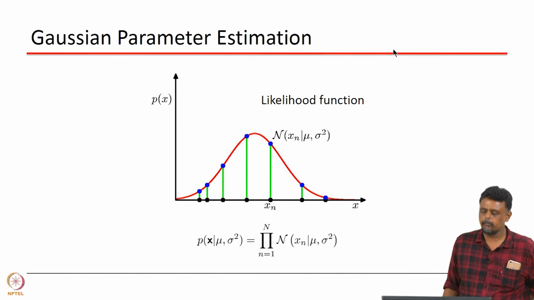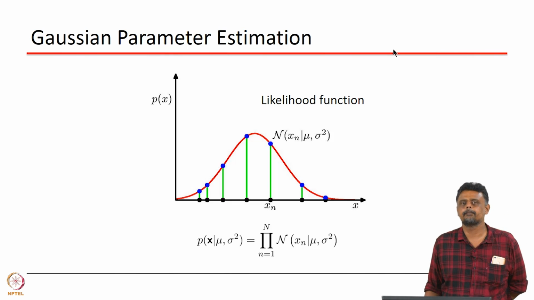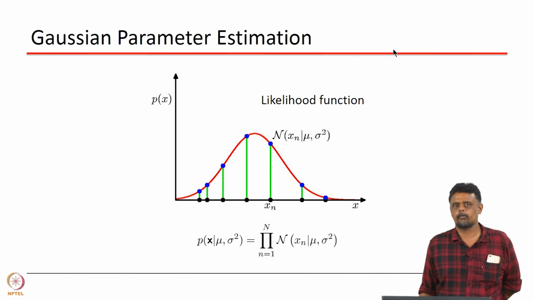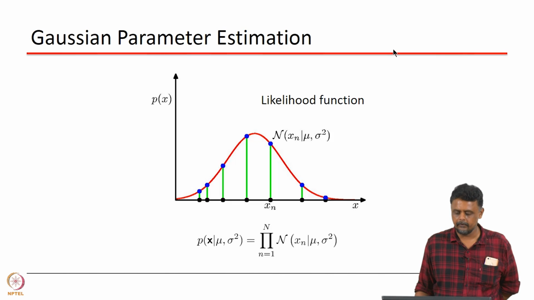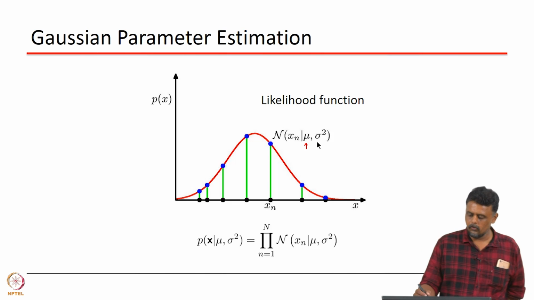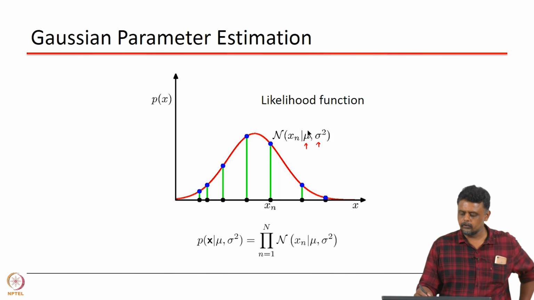Then for Gaussian parameter estimation, remember we saw for the Bernoulli distribution how we can estimate the Bernoulli parameter mu, which is the probability x equal to 1. How do we do a similar thing? The normal distribution, also called the Gaussian distribution, has two parameters mu and sigma squared.